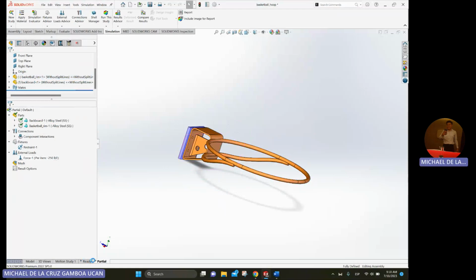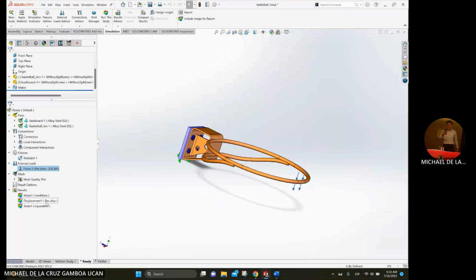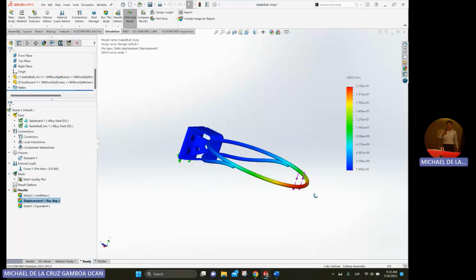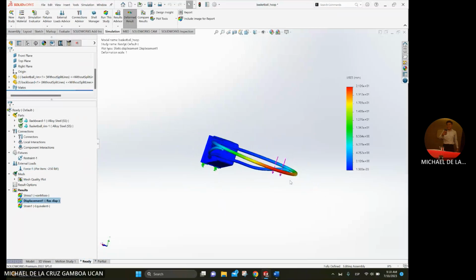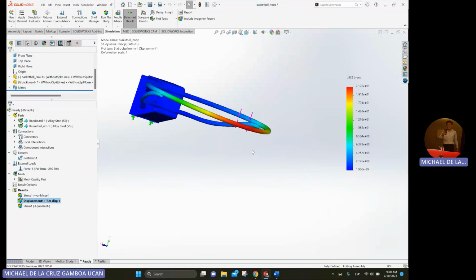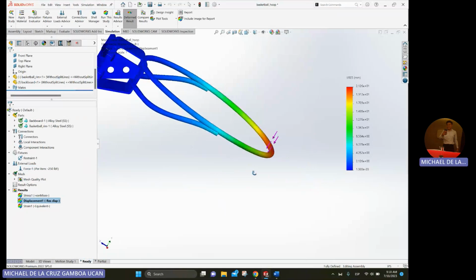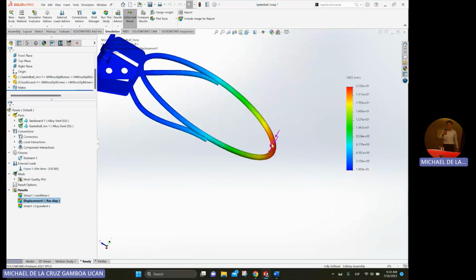We can see here how the material suffers stress. For this reason, the piece is in color red here and color blue here because it suffers a deformation at this point.